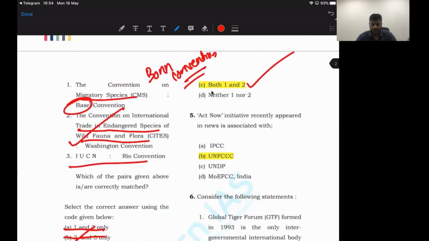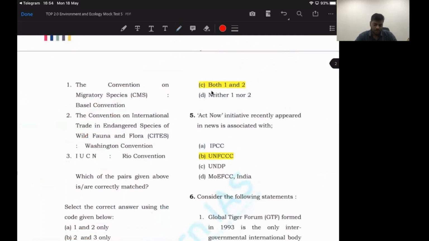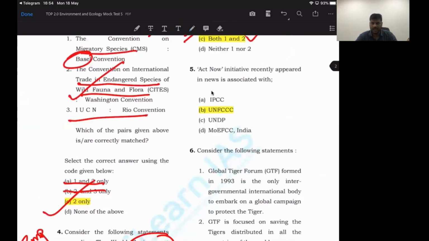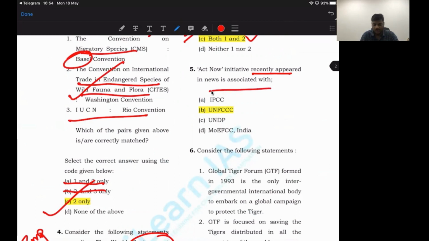Got it. Then going with the fifth one, Act Now initiative recently appeared in news is associated with IPCC, UNFCCC, UNDP, MoEFCC India.